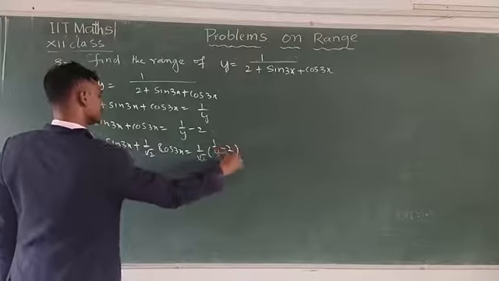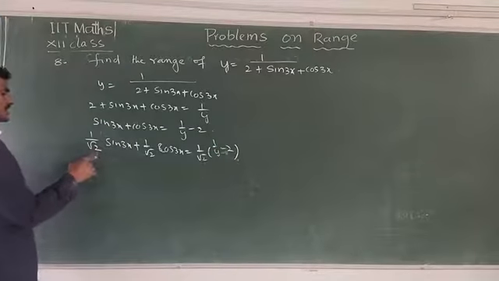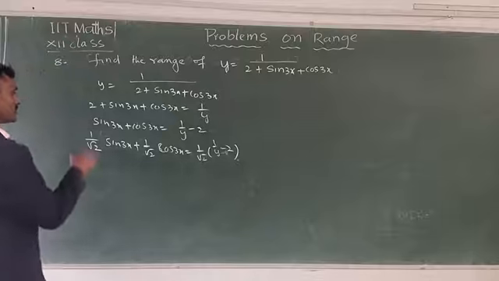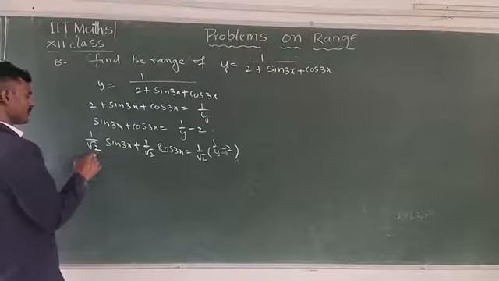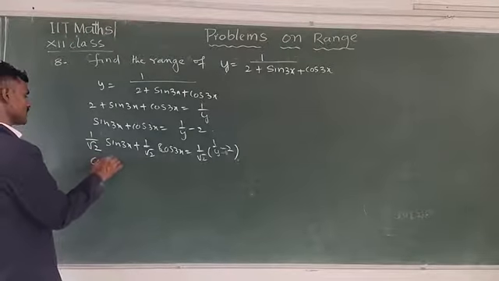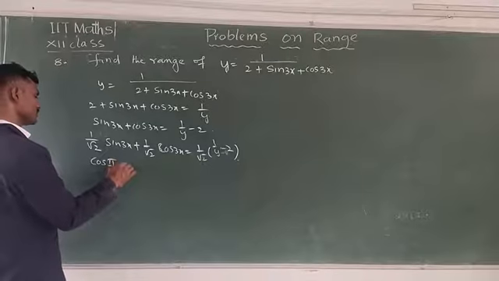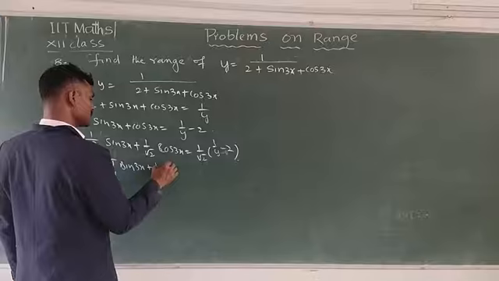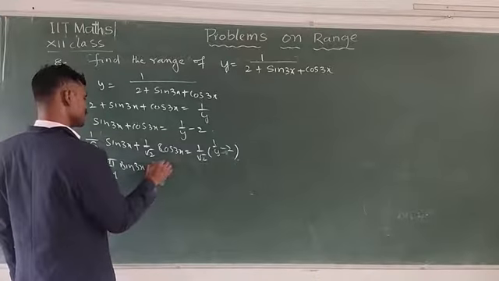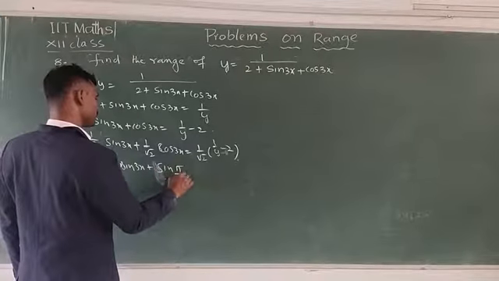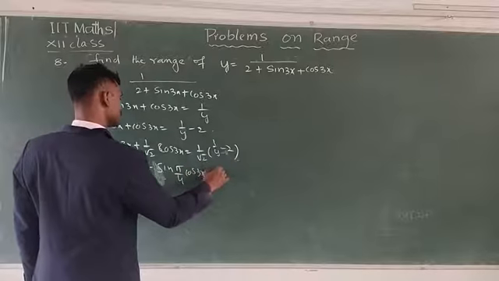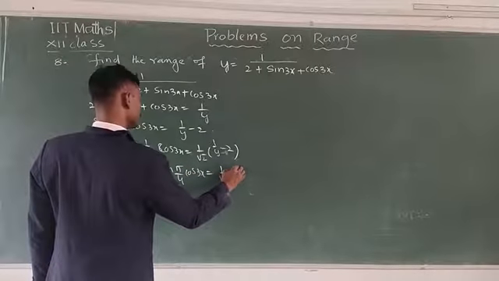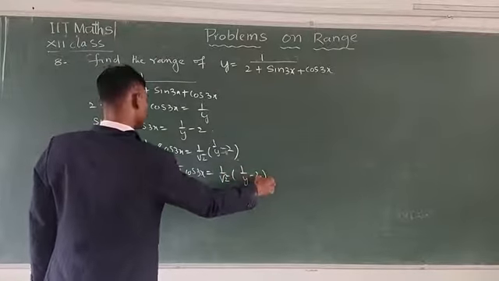Now this is how many degrees? This is cos 45 degrees, cos pi by 4 into sin 3x plus 1 by root 2, instead of which you can write sin pi by 4 into cos 3x is equal to 1 by root 2 into (1 by y minus 2).